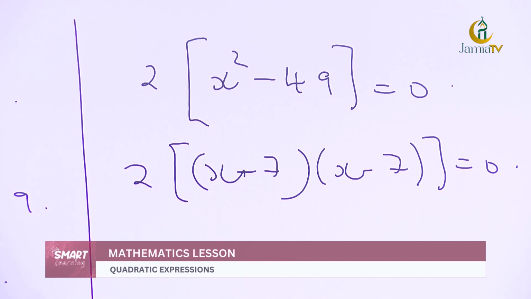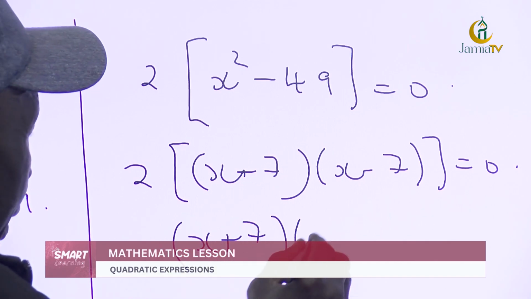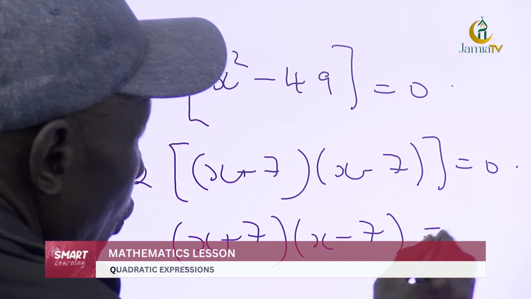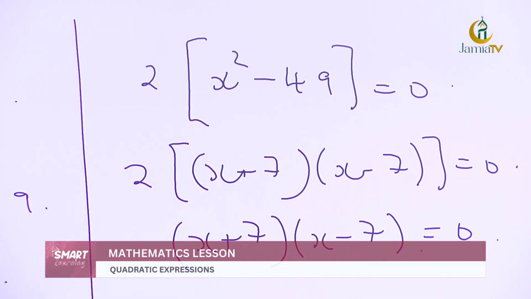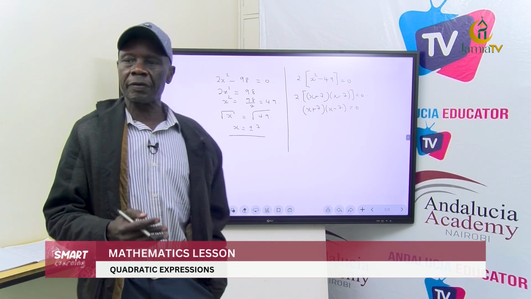Now, of course, when I divide by 2, I'll get 0, so I'll be left with x plus 7 and then x minus 7. Now, when I multiply 2 or more numbers and the answer is 0, it means either one of them is 0 or the other one is 0 or both of them are 0.